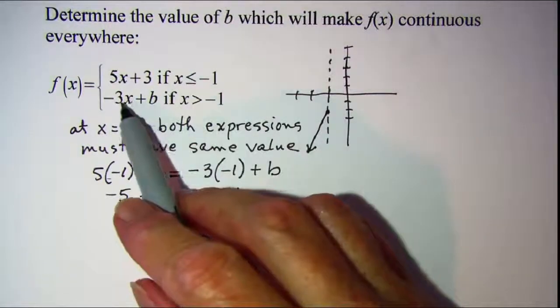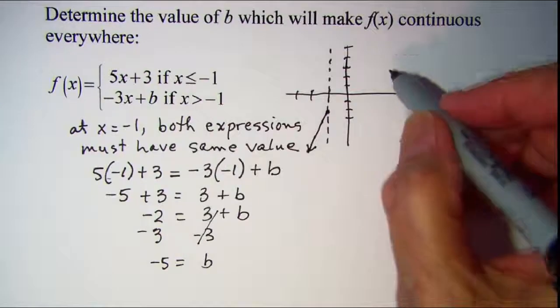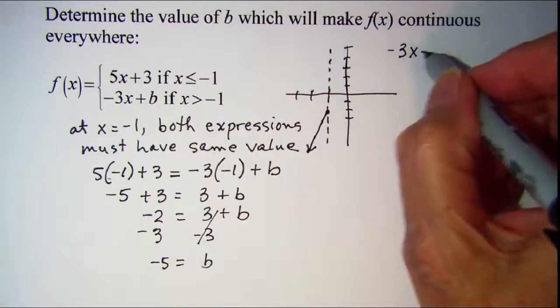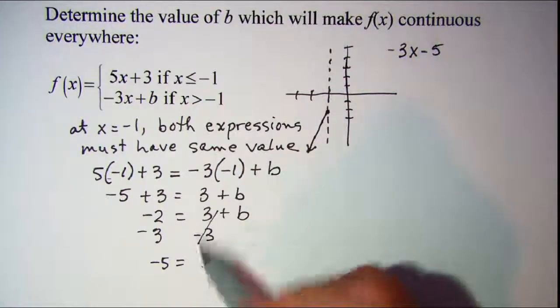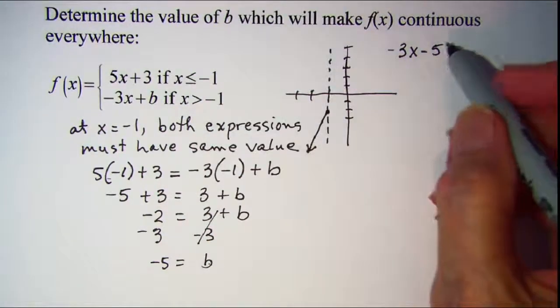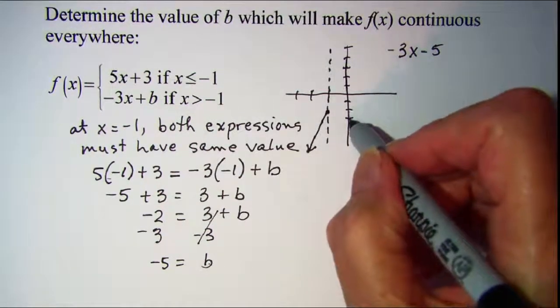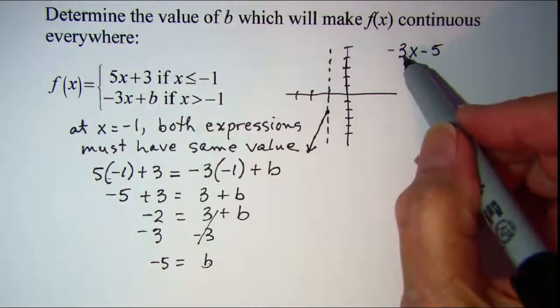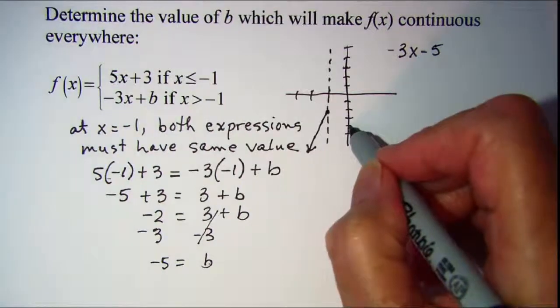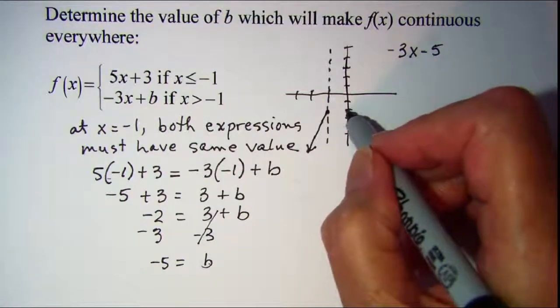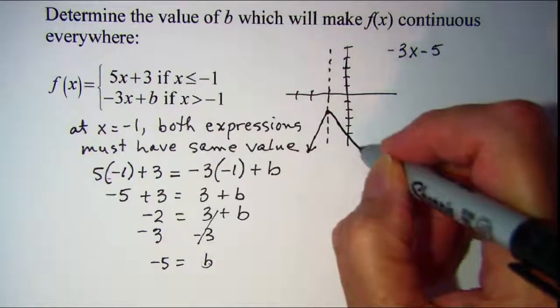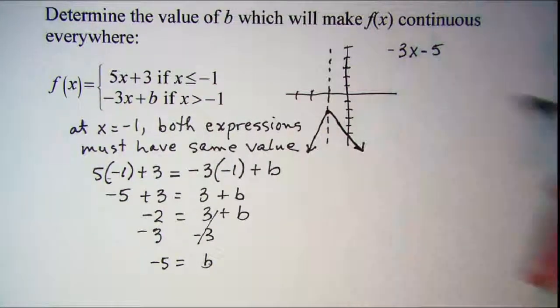And then on the right side, we have -3x minus 5, since we found b to be equal to -5. So the y-intercept is -5, and the slope is -3. So we can go up 3 and left 1, and that line goes like that.